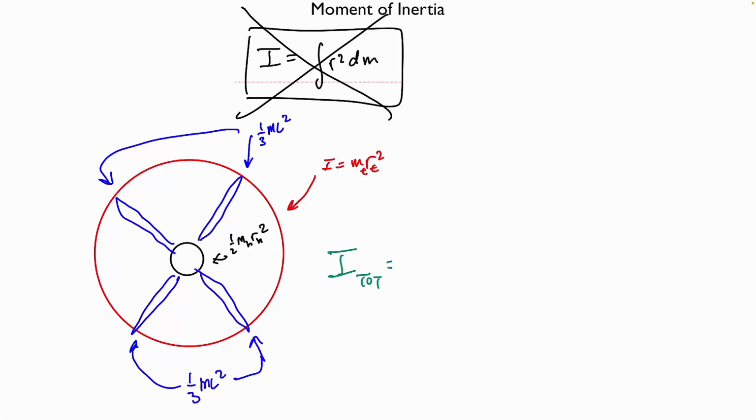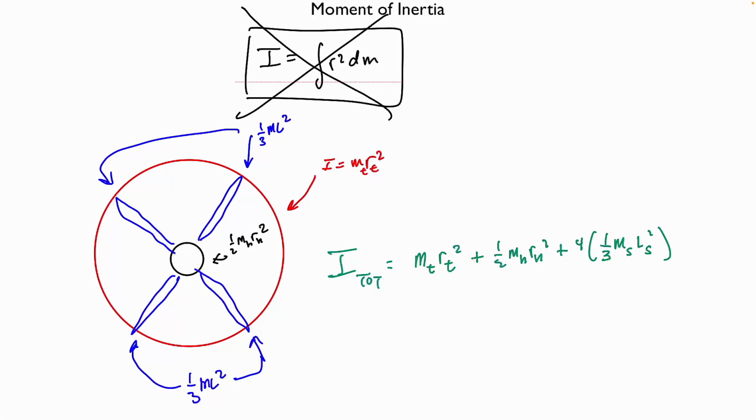So we have the mass of the tire, radius of the tire squared, plus 1/2 the mass of the hub, radius of the hub squared, plus 4 times 1/3 mass of a spoke, length of a spoke squared.